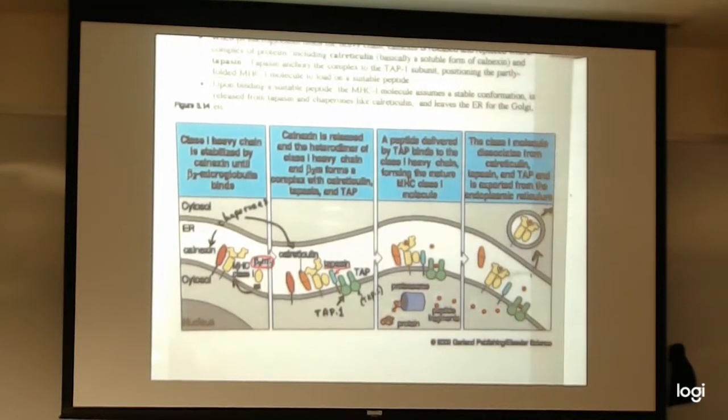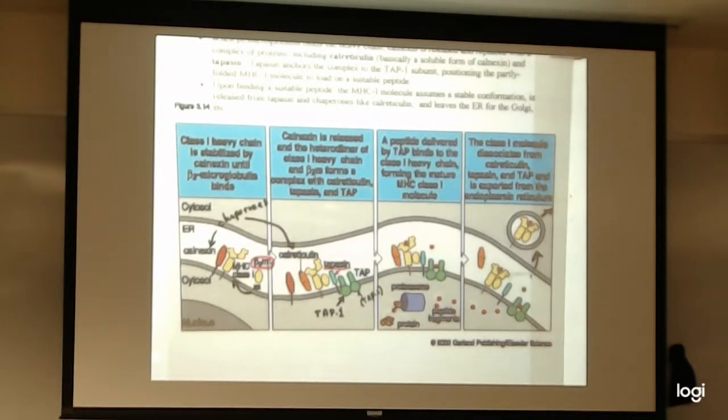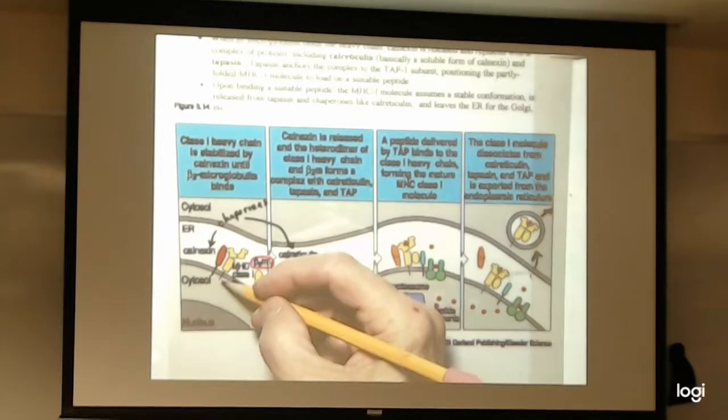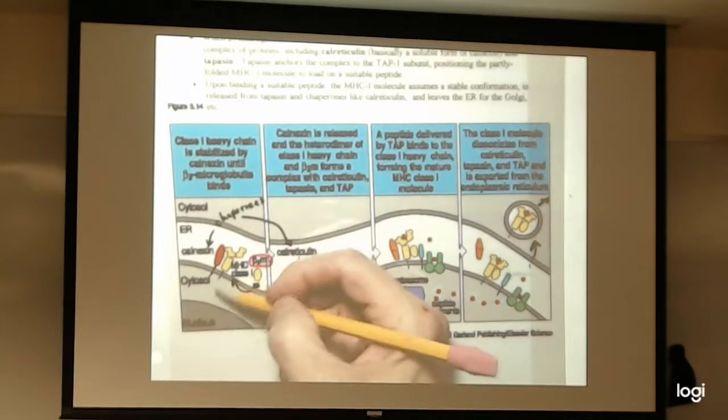Now here is the newly made MHC1 molecule. All proteins that are made are designed to be either exported, exocytosed to the outside world, or to become integral membrane proteins. They all are read by ribosomes, and there's what's called co-translational translocation.